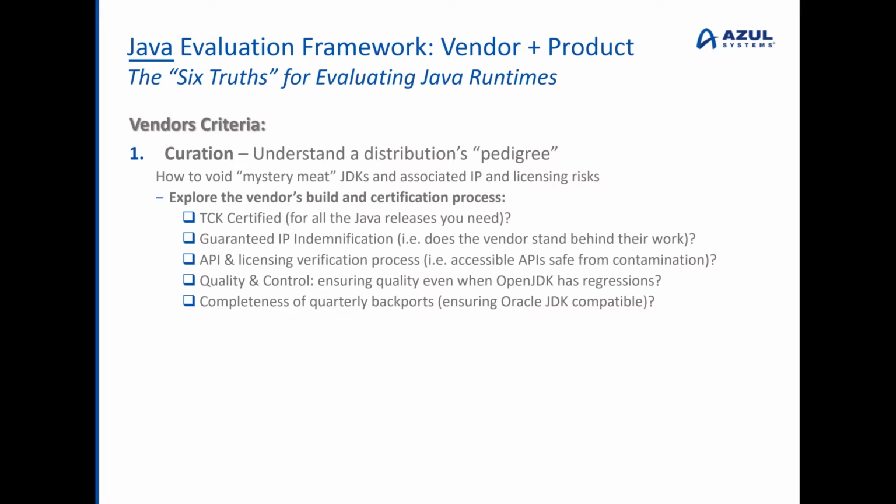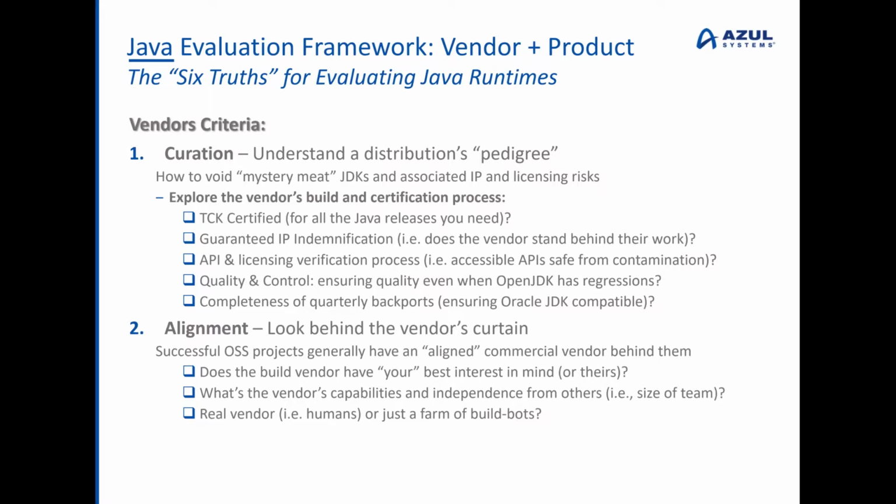There are many examples over the last 3 or 4 quarterly releases where the community lagged fixes that Oracle had made available in their binaries, but the OpenJDK community took more than 90 days to apply them to the OpenJDK code. So it's very important to understand the capabilities of the vendor you're choosing, and their ability to keep pace with the fixes being contributed to Java 15 or Java 14 but needed to be backported to the versions of Java you use.